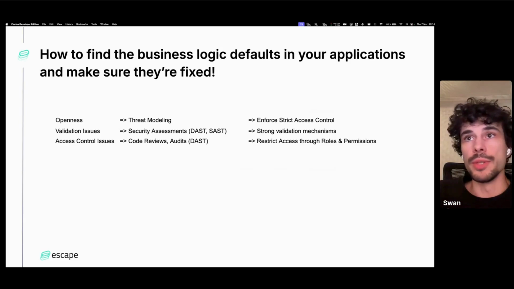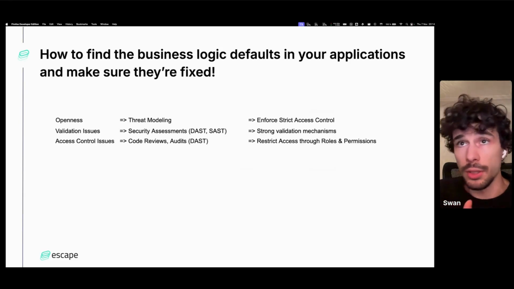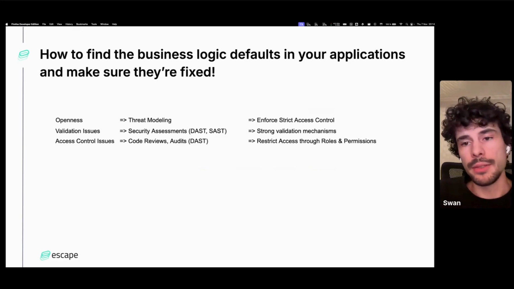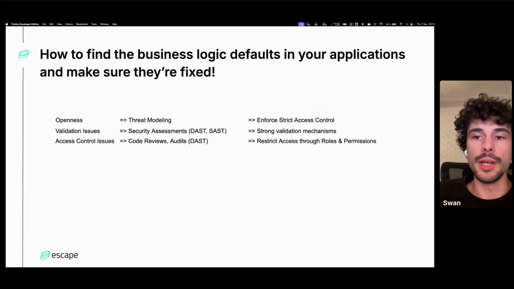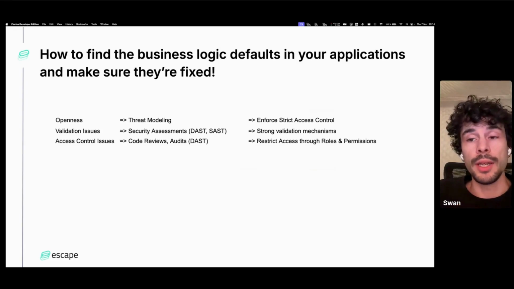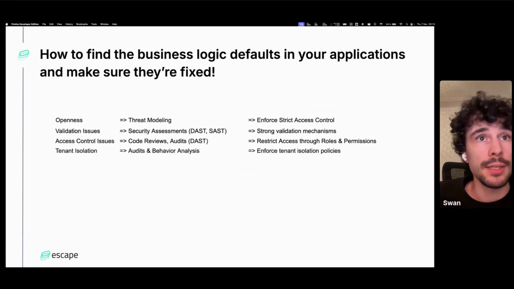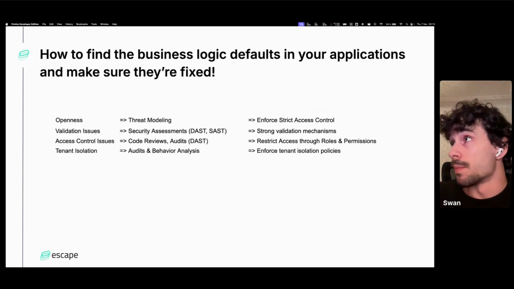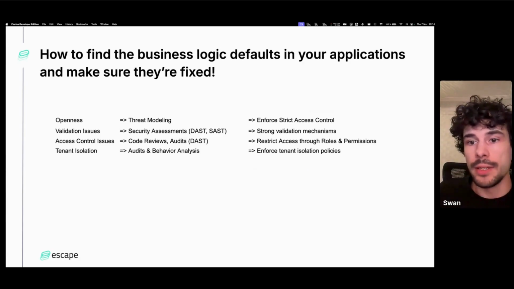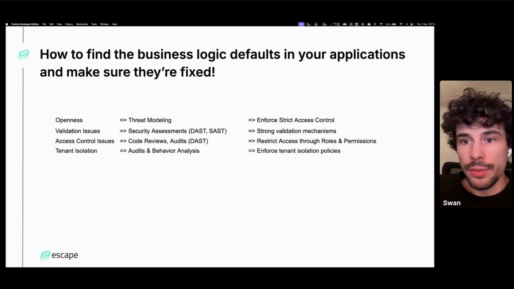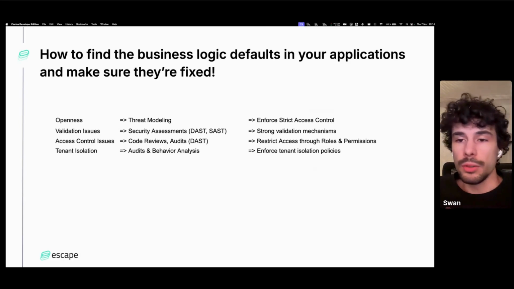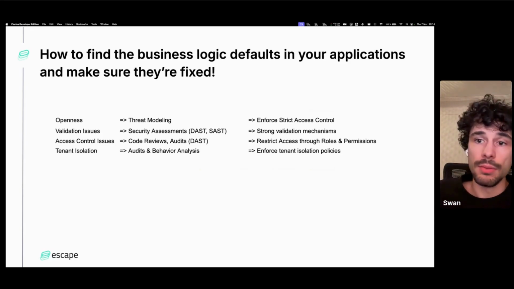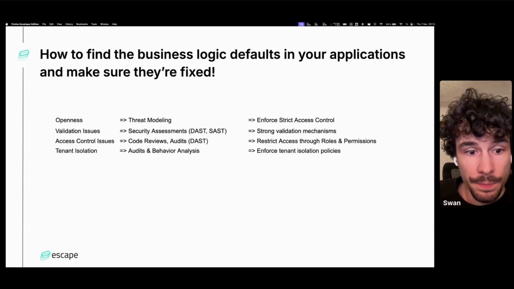Usually you will have to review and restrict access through roles and permissions. There is another thing that can be tested with DAST, which is really interesting in that case: tenant isolation. Let's say you are a SaaS platform and you are selling to two different companies, or two different users. You need to make sure someone has no access to someone else's data.